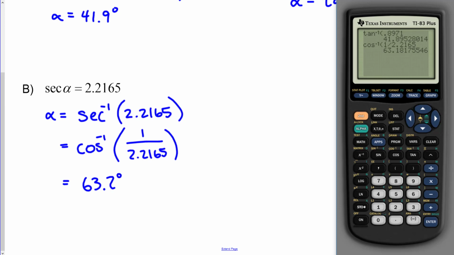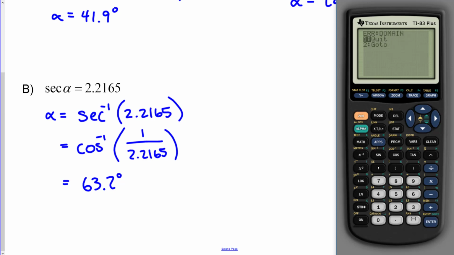If this seems tricky, one thing to rest assured of: let's say you tried to do 1 divided by arc cosine of the original number, 2.2165. The range of cosine is a number between -1 and +1, so any number that's larger than 1 is going to be a bad value.